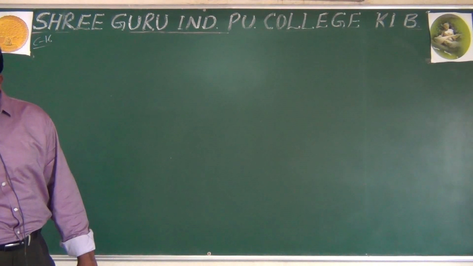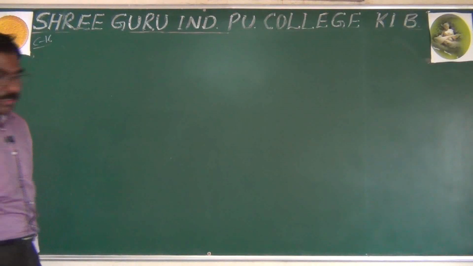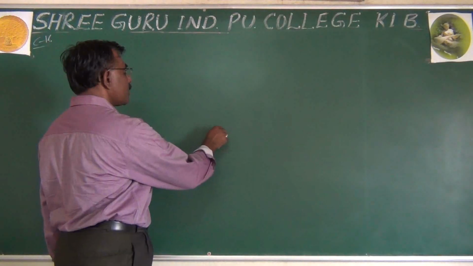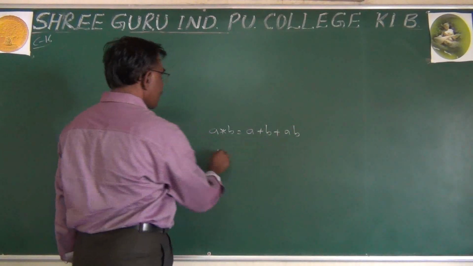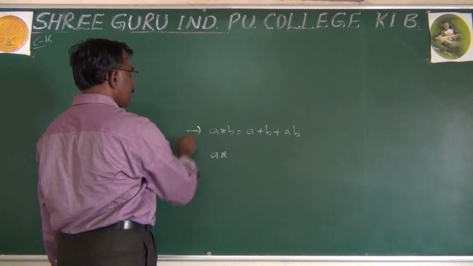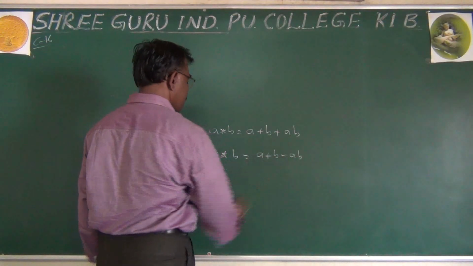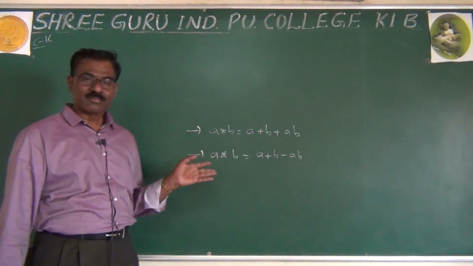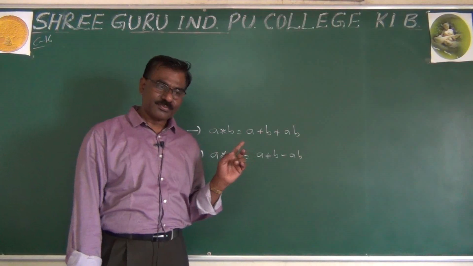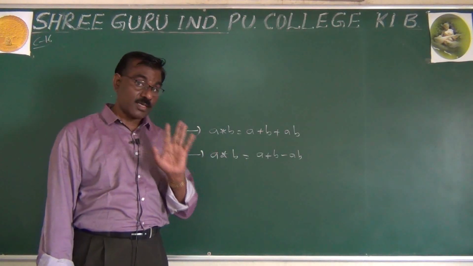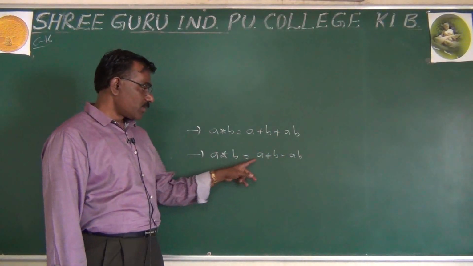What is the next problem? Even this problem: a star b equals a plus b plus ab, and a star b equals a plus b minus ab.